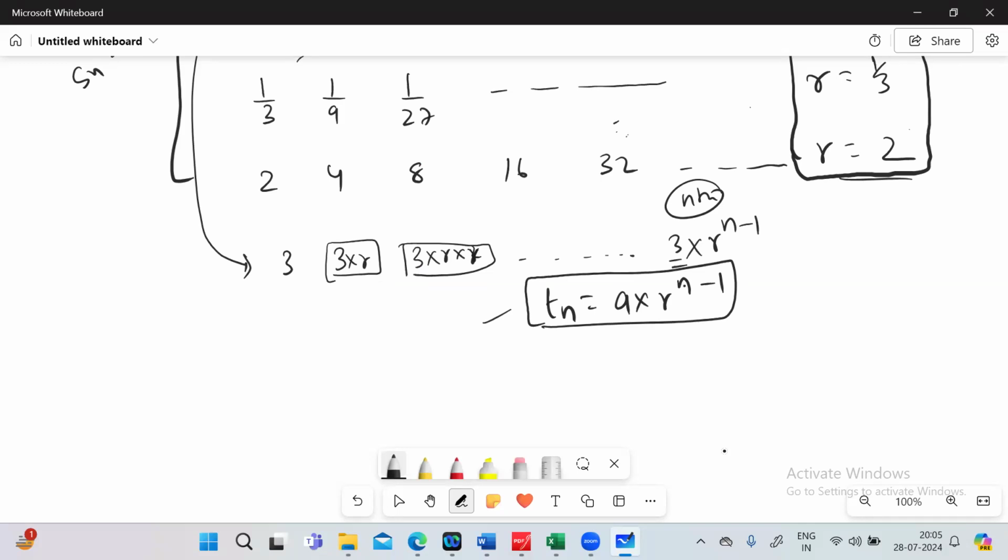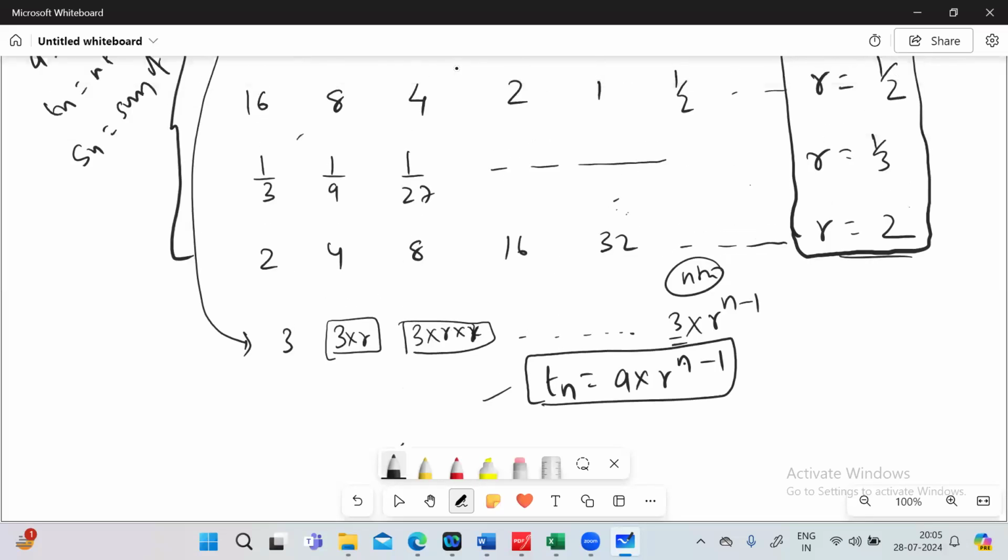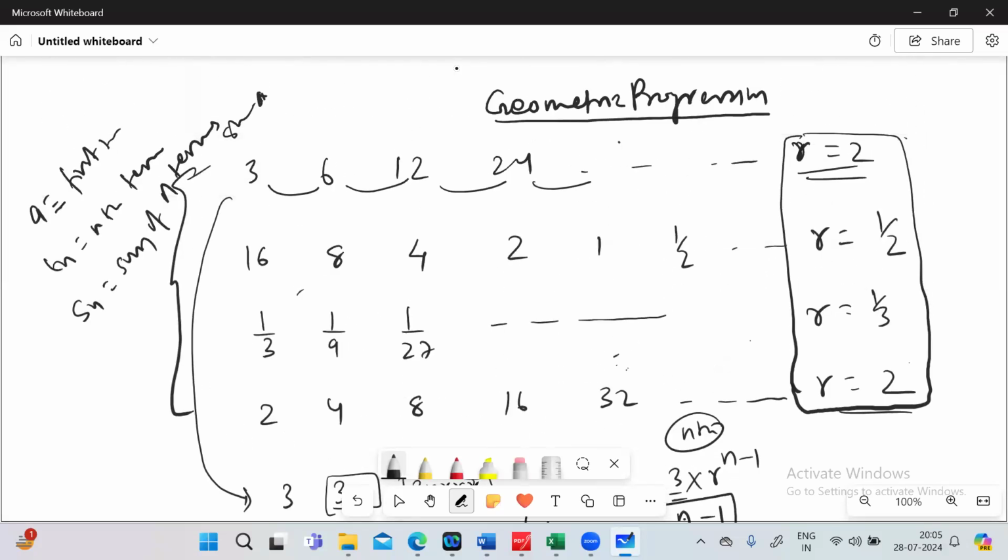Like, how do I identify that a particular number lies on this series or not? Although a very limited number will lie in this series, because it is going by multiplication of 2, soon enough it will cross 3 digits and then 4 digits and then 5 digits.